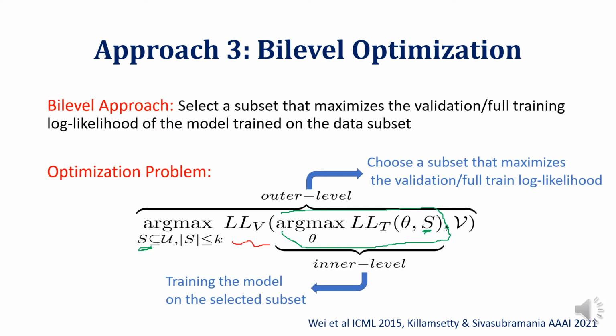Now we have very explicitly defined the roles of both the training and validation set. However, the loss on the validation set should be minimized with respect to the subset S of the training set on which the parameters theta have been estimated. So S has influence on theta. Therefore, the idea is that you want generalized performance on the validation set: find the right subset of the training set that gives you the best generalization.